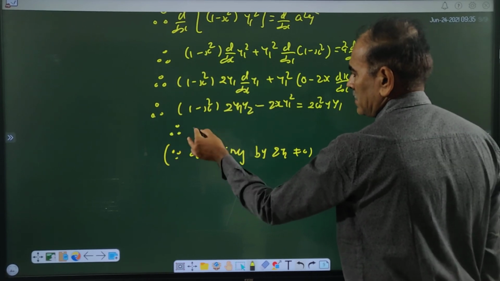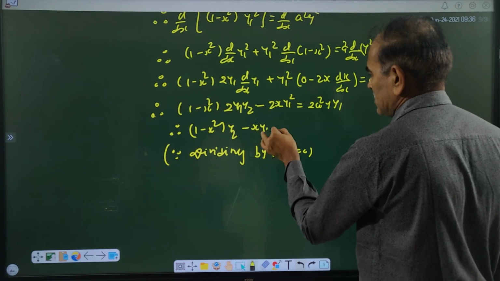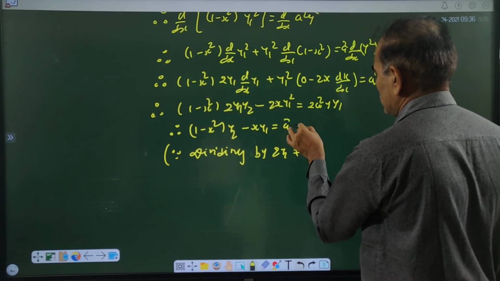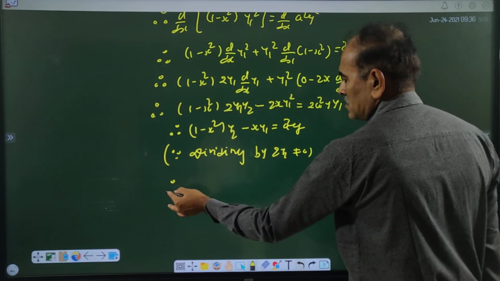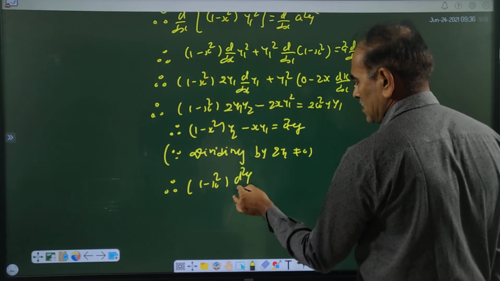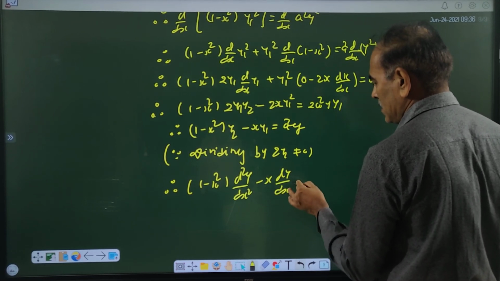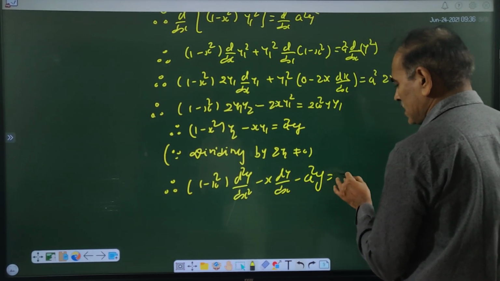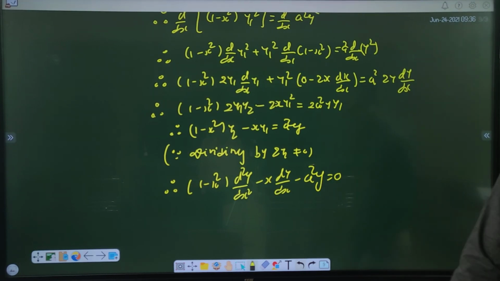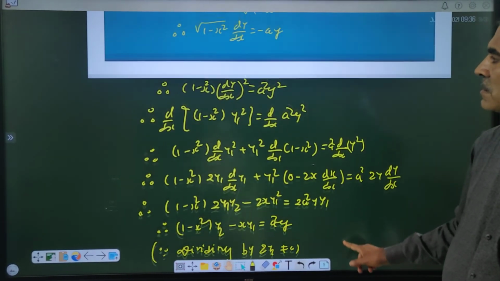What do we get here? (1 minus x square) y2 minus x y1 is equal to a square y. So write in our order, whatever we want: (1 minus x square) d2y by dx square minus x dy by dx minus a square y is equal to 0. That we know. See? And that thing we wanted to do here.